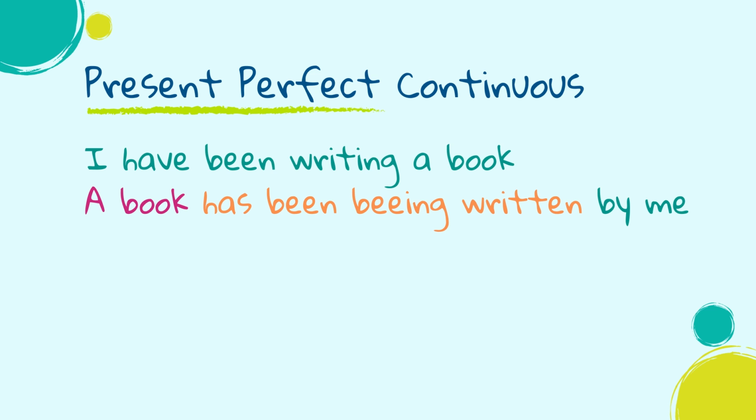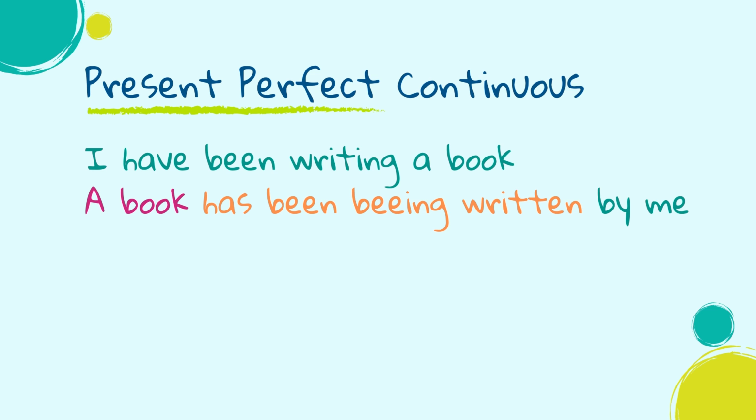To convert that into passive, the same thing: the object a book is transferred to be a subject right here and then followed by the auxiliary has. Auxiliary has is from the have, because this is third party singular. And then next, the combination here, been is the be and then verb 3 is written to make the passive.